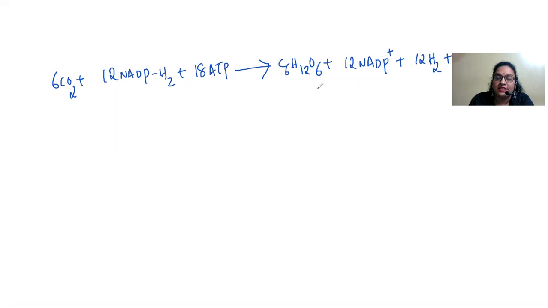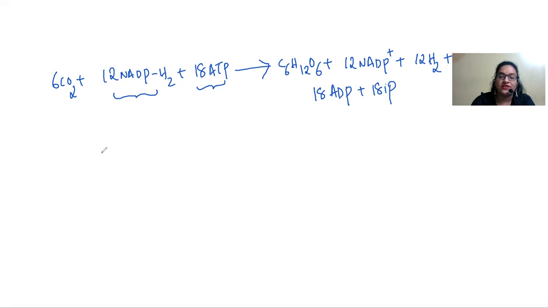And the ATPs become 18 ADPs with 18 inorganic phosphate molecules released, because we are using up the ATP as well as the NADPH2s. So this is oxidized and this is broken down into ADP and inorganic phosphate, and the energy released is utilized for the formation of the glucose molecule.